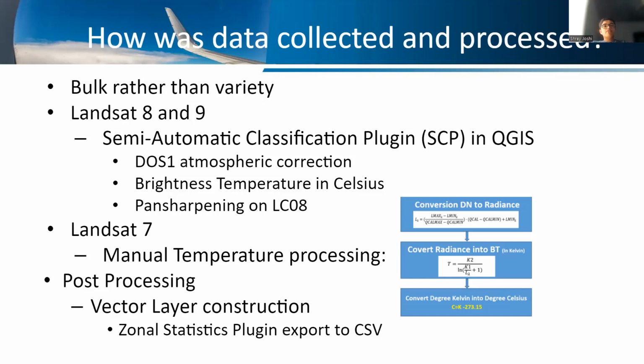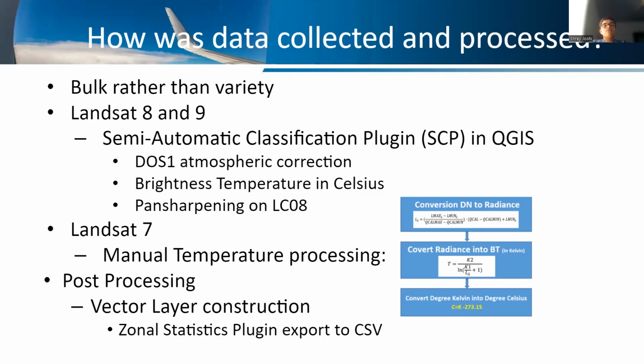Noise reduction was performed through atmospheric correction and pan sharpening, and brightness temperature in Celsius was determined. For Landsat 7, manual temperature processing had to take place due to the plugin not working as intended, and the equations were used as shown in the image.